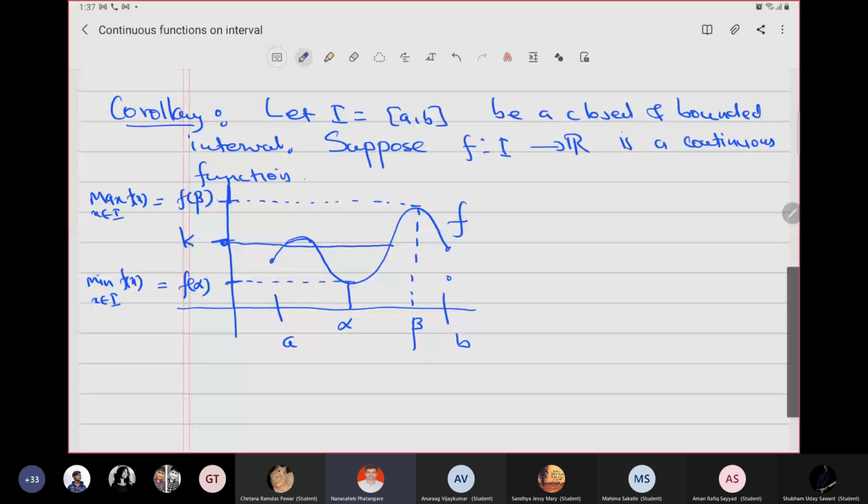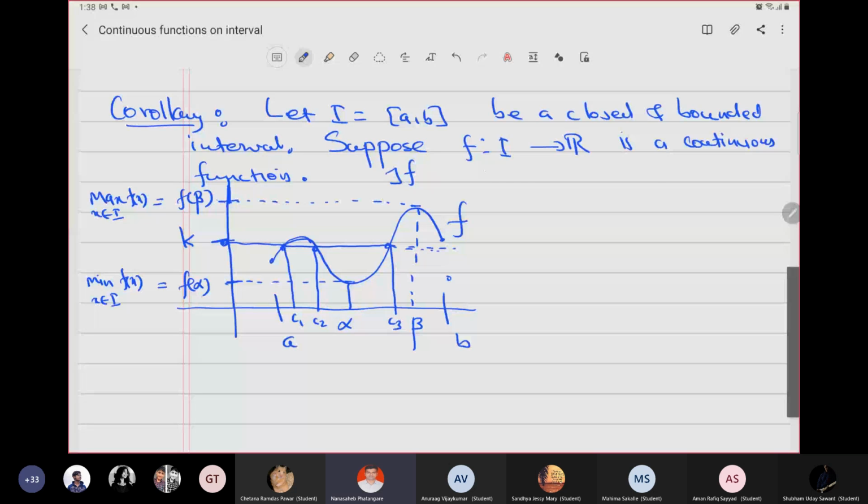So what is my statement of theorem? If a domain is a closed and bounded interval, and the function is continuous, and k is a real number such that infimum of f of I is less than or equal to k, less than or equal to supremum of f of I, right?